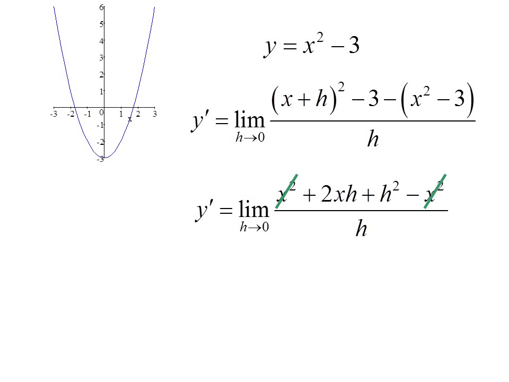That allows us to cancel the x squared and then cancel an h. So now we have y prime equals the limit as h goes to 0 of 2x plus h. And as h goes to 0, what's left is 2x. So now we have a general expression for the derivative, that is, a general expression for the slope of the original function at any point.